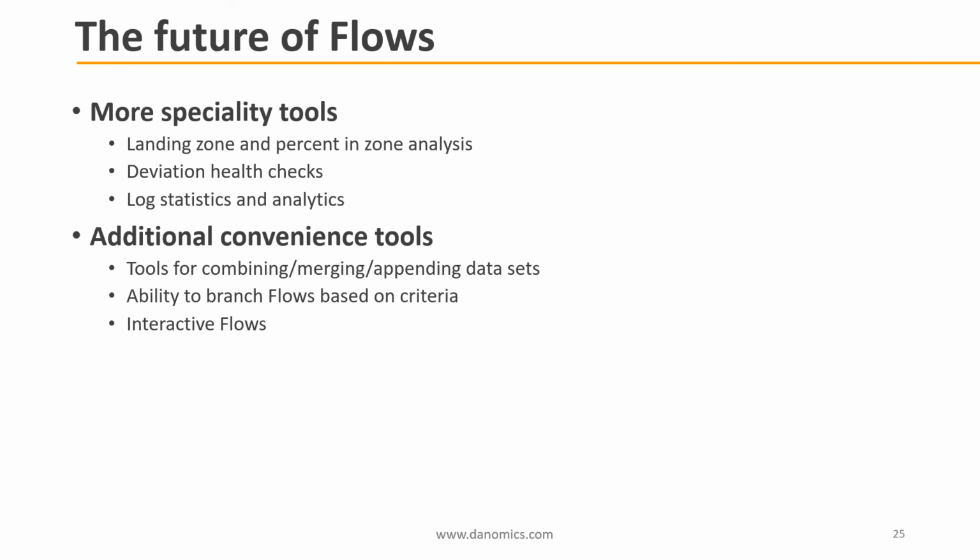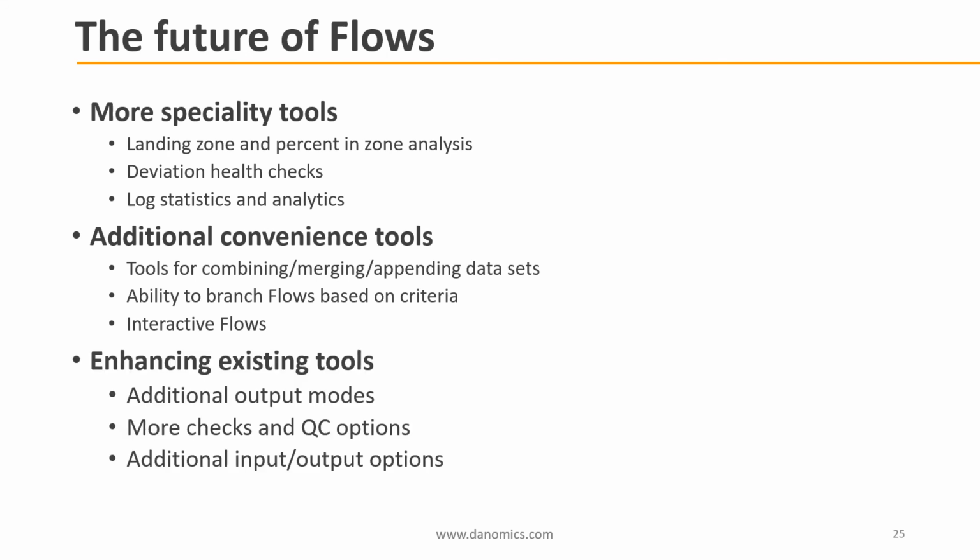So those are branched flows. And then also potentially interactive flows where you would start an operation and, if certain criteria are met, then you may interactively perform some type of manual operation based on what's happening.